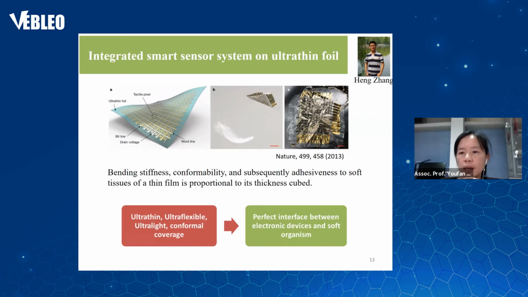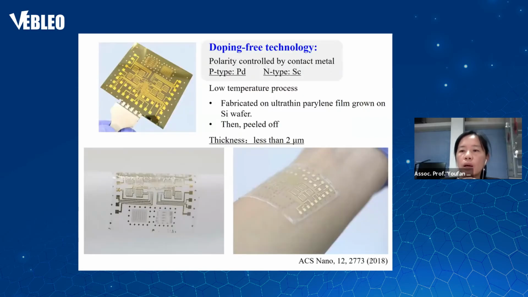So in this case, first we achieved an ultra flexible IC, which is constructed based on carbon nanotube thin films. In this case, if we want to directly fabricate the whole system on ultrathin substrate, the fabrication temperature should be controlled below certain degrees.